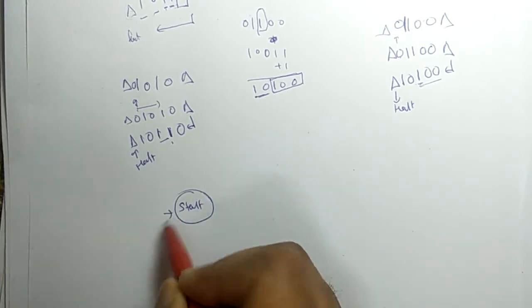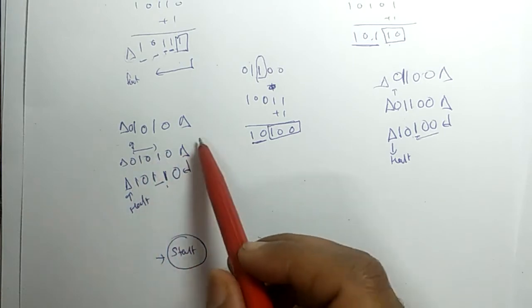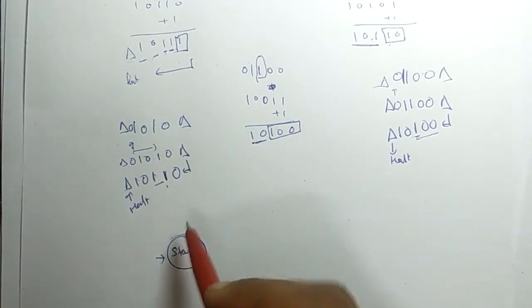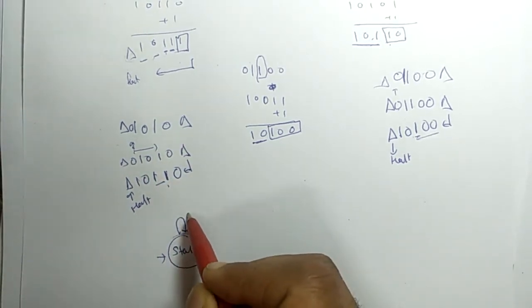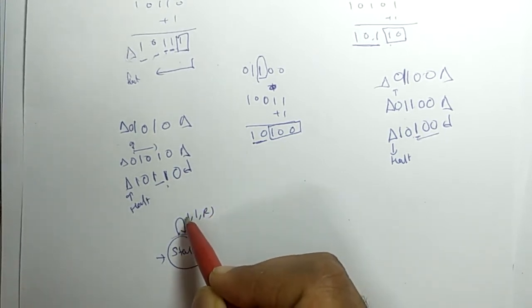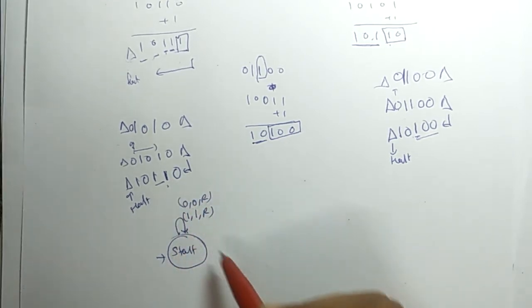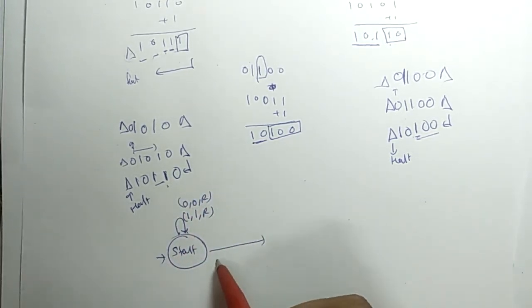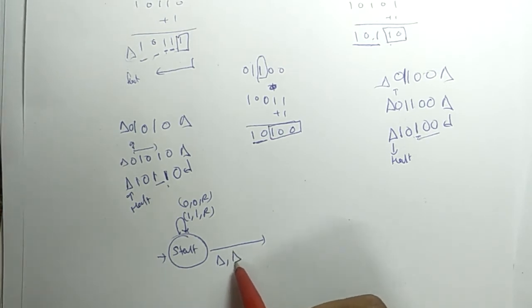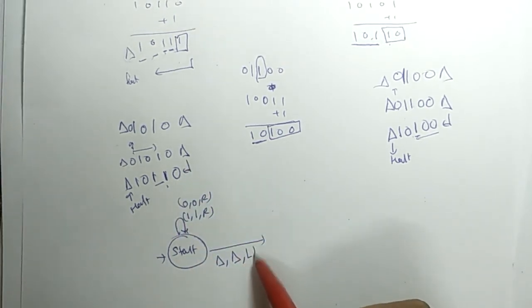We start from the start state, and what is our first goal? To reach the right hand side corner. So here if we get 1, leave it as 1 and move to right. If we get 0, leave it as 0 and move to right. And by moving to the right we will reach the blank, and we leave it as blank and move to left.